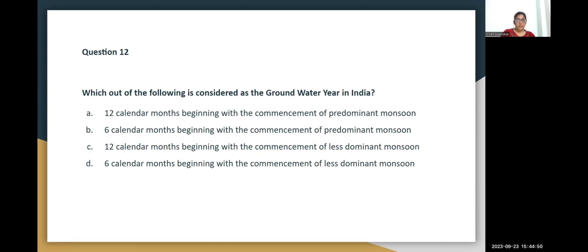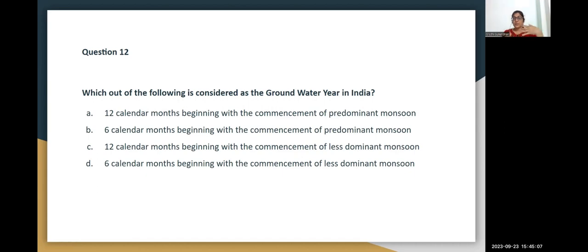Groundwater here is just like how we consider the water year, which is from June 1st to May 31st.